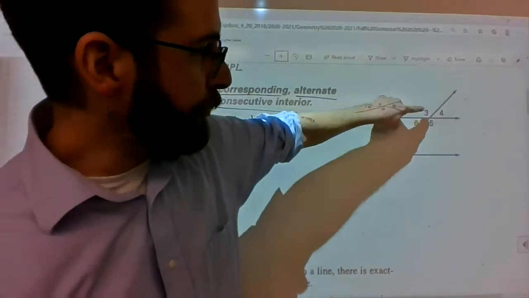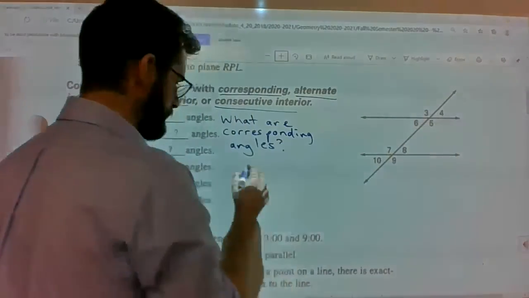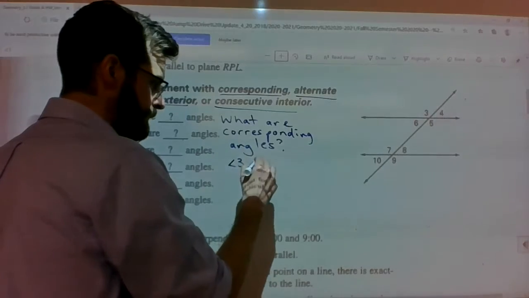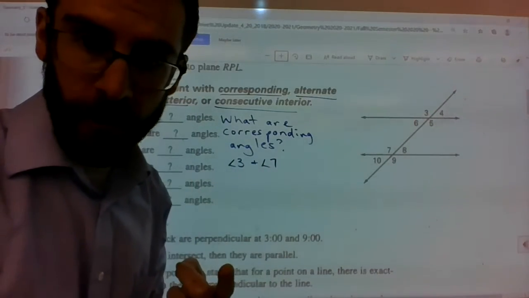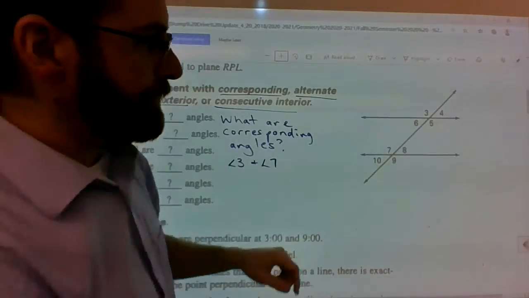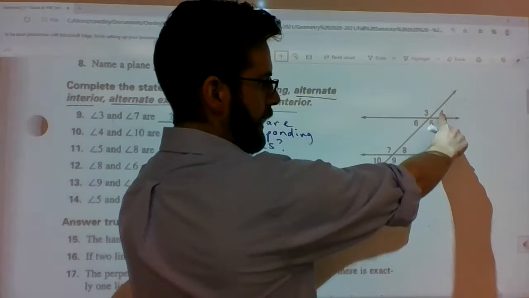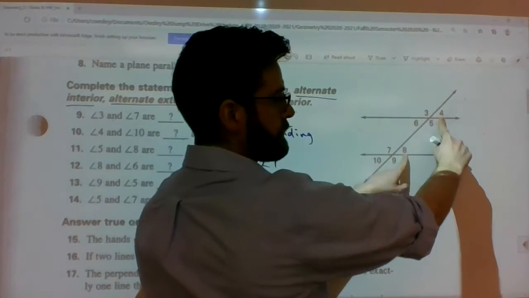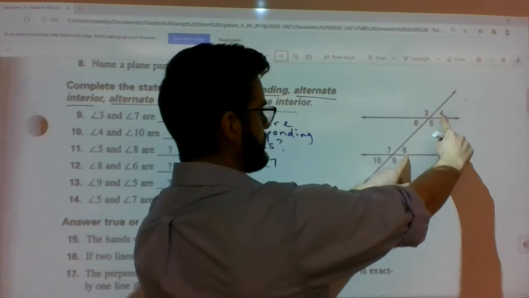So angle 3 and angle 7 are corresponding angles. There's one pair of corresponding angles. The second pair would be upper right corresponds with upper right. So angle 4 corresponds with angle 8.